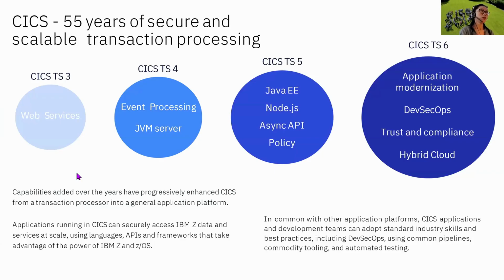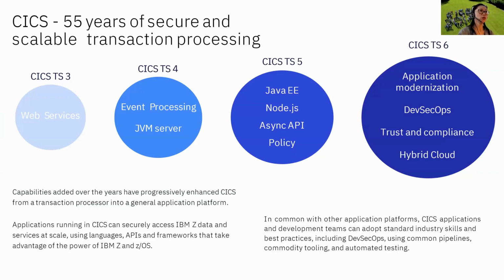As you may know, CICS has had a long history. The first release started in July 1969, so it's nearly approaching 56 years of CICS. Looking back, in CICS TS version 3 there were a number of capabilities added around web services.